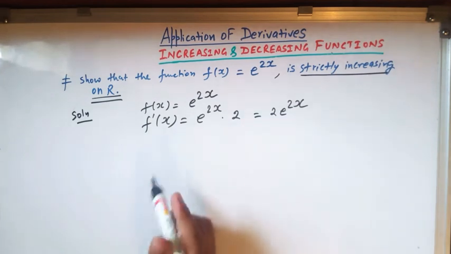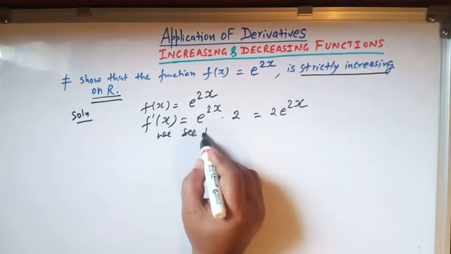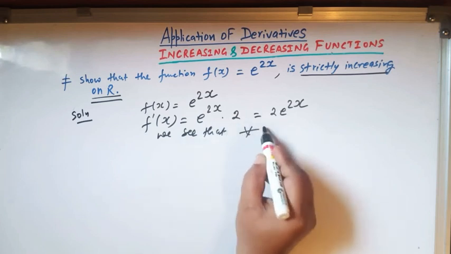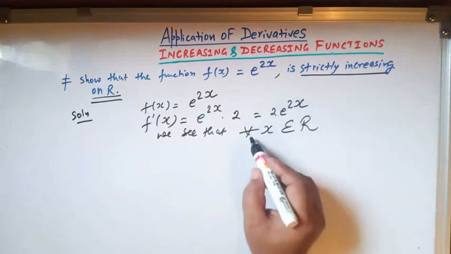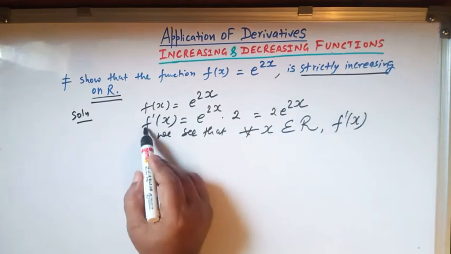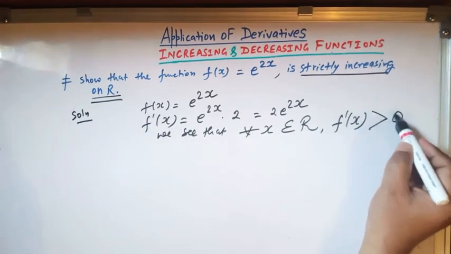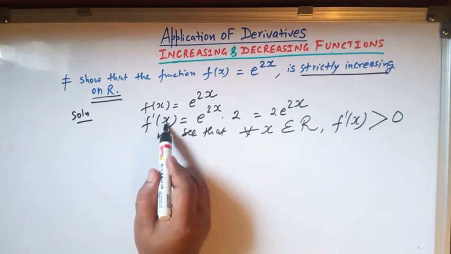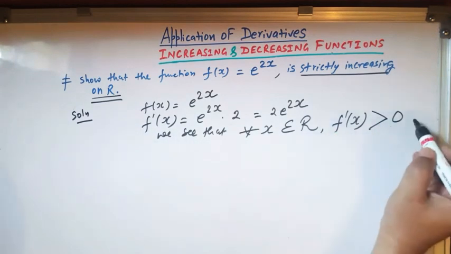Now viewers, from this expression we see that for all x belonging to R, the first derivative f dash x is greater than 0, because whatever the value of x, the first derivative is always greater than 0.